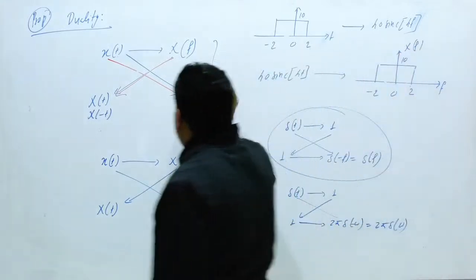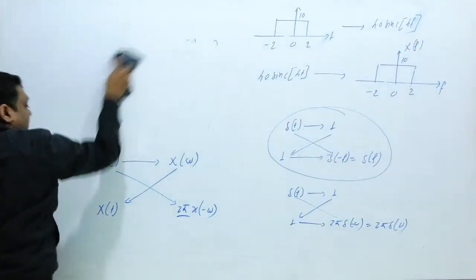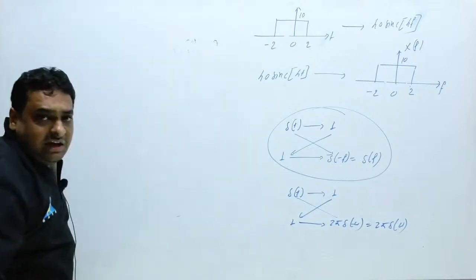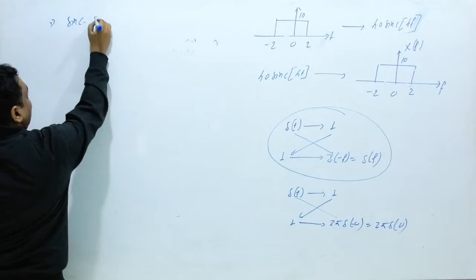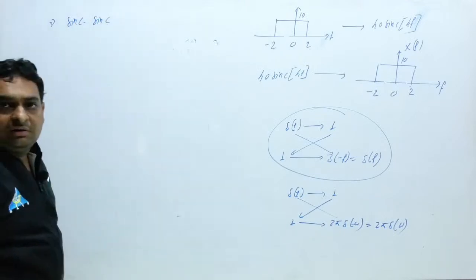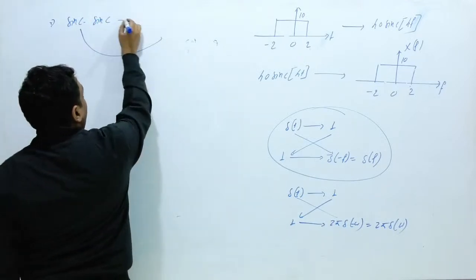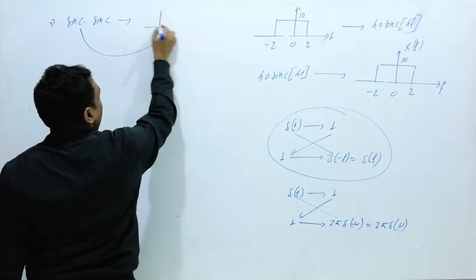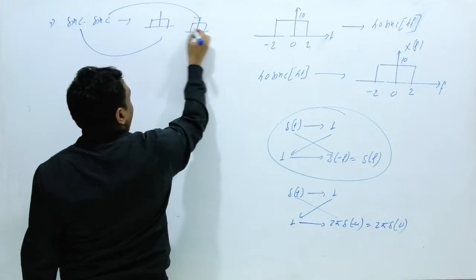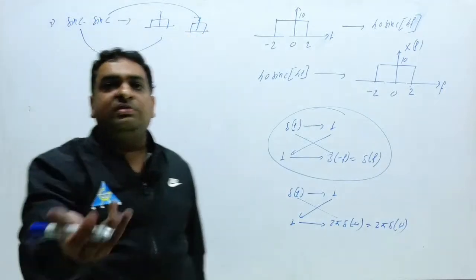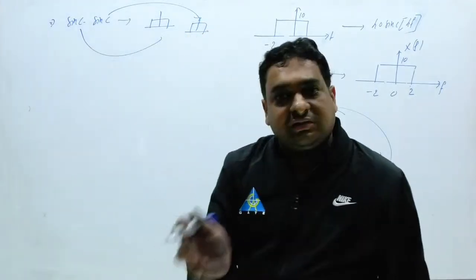Clear? Okay. Now suppose the examiner asks you this question: sinc multiplication sinc, how to solve? What is the Fourier transform of sinc? Sinc Fourier transform is pulse, and this Fourier transform is pulse. Here pulse and pulse will be convolved, and you are expert in pulse convolution.